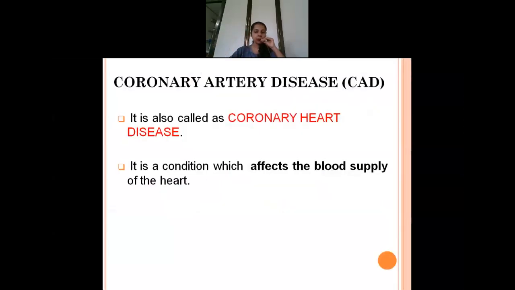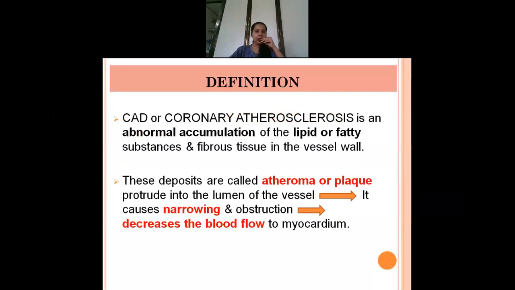Coronary artery disease is a condition which affects the blood supply to the heart. In coronary atherosclerosis, there will be abnormal accumulation of fat or lipid deposition, that is called atheroma or plaque deposition.